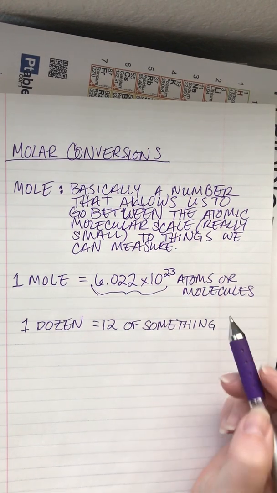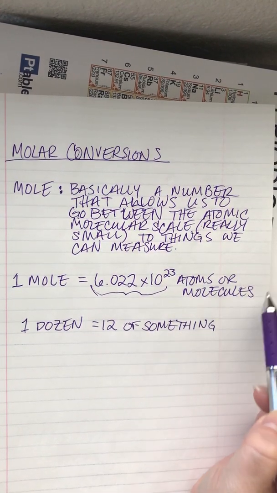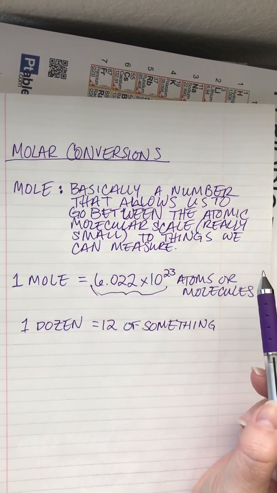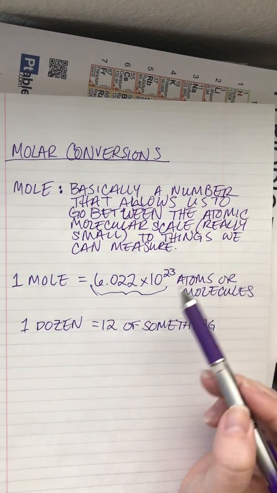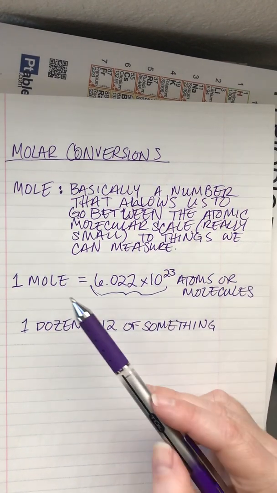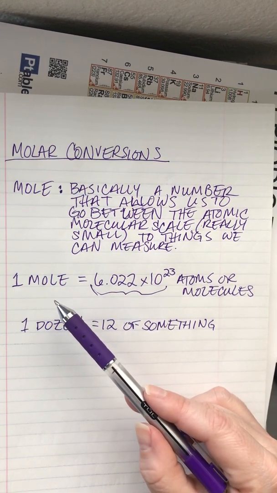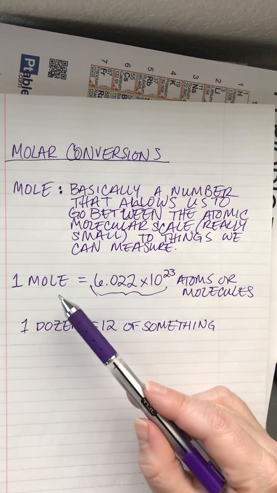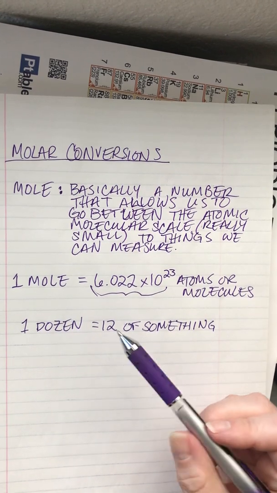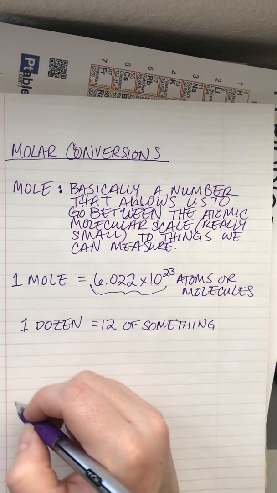So in this case, the something that we're looking at converting between is atoms and molecules. Could also be ions as well. But this quantity, the mole, is really just a conversion factor. It's something to help us jump from one scale to another. It's not particularly special in that regard.